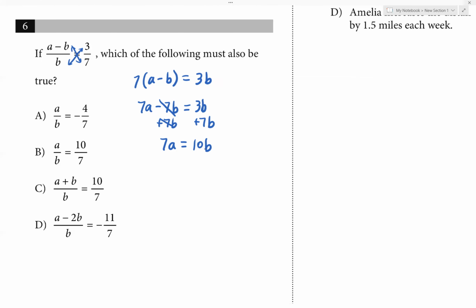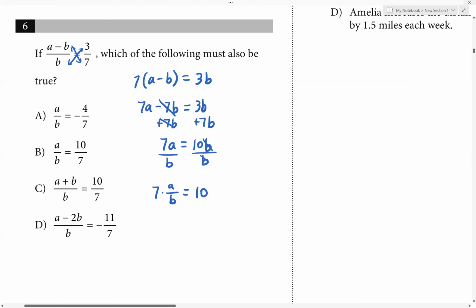So if you try to match things up, on answer choices A and B we have a over b, a over b. So if we try to get it equal to that form, if you want a over b, we can divide by b on both sides. The b on the right will cancel. And we get 7a over b, which is like 7 times a over b, pretty much, should equal 10.